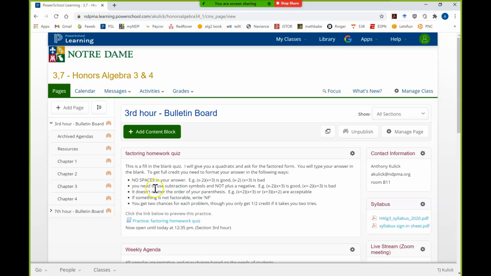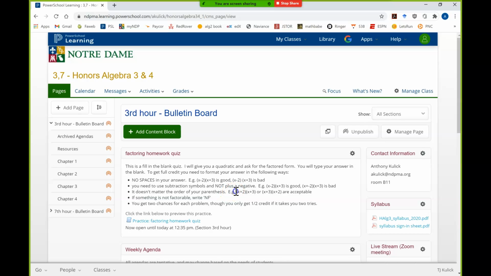The second thing, we need to make sure you're using a subtraction symbol and not writing it as plus a negative. So again, for example, (x-2)(x+3) will be marked correct. But if you had typed x plus a negative 2, PowerSchool won't recognize that as the correct answer. So please make sure you're using subtraction and not writing it as plus a negative number.